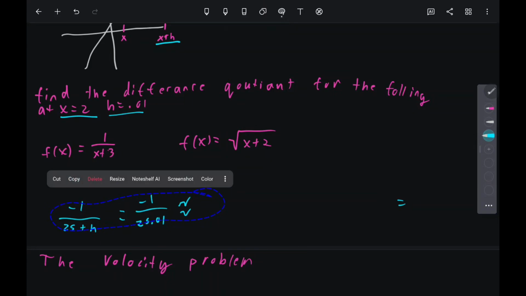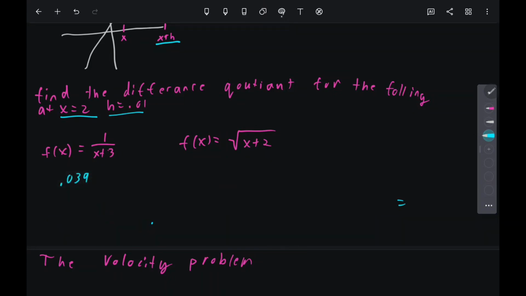Alright, now let's delete that. Now let's do the second problem. So, once again, we are going to plug in 2 for our x value. So we are going to have f of 2 plus h, minus f of 2, all over h.